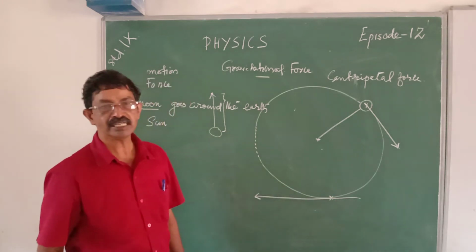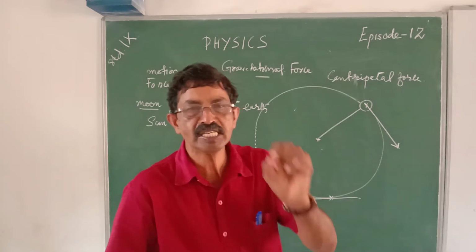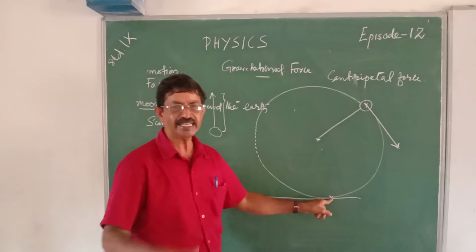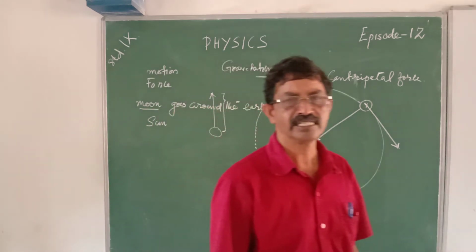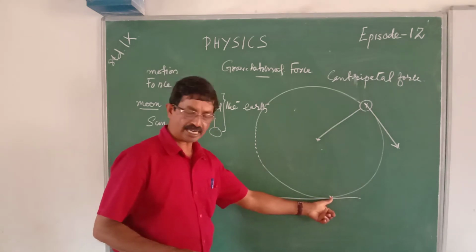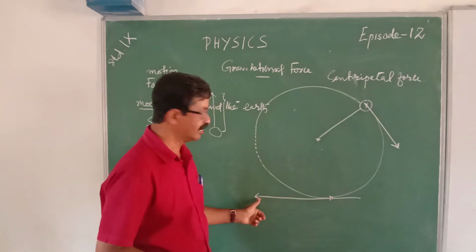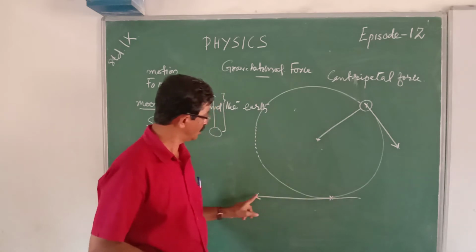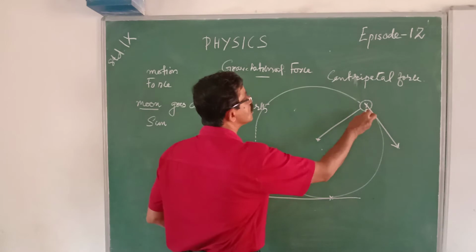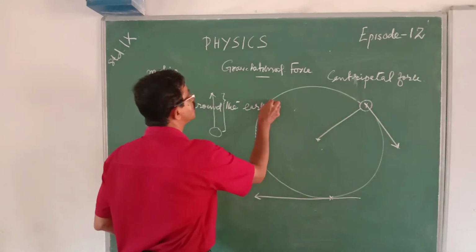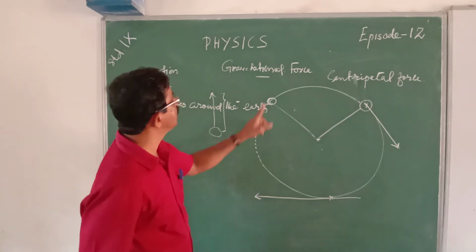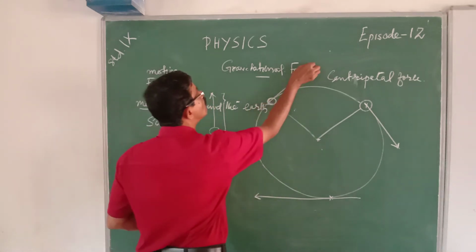Tangent means it is a line that meets only one point on the circle. Tangent is a straight line that meets only one point on the circle. So if the stone lost the centripetal force, then it will move in this direction.